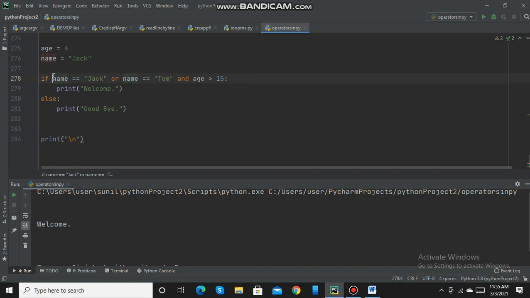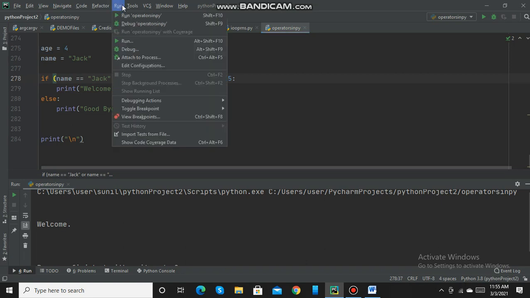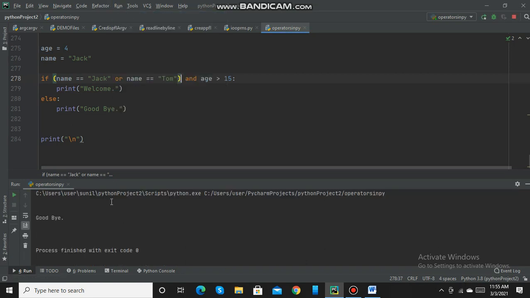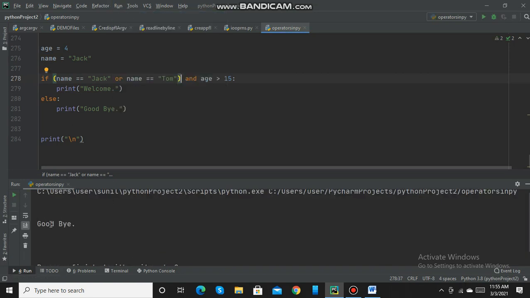So now I will put parenthesis here. And run this. So now it has printed goodbye. When I am using this parenthesis, the condition inside, that is this OR condition, is satisfied.